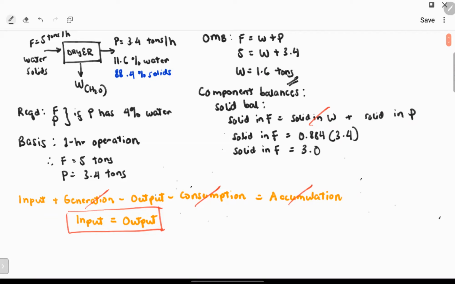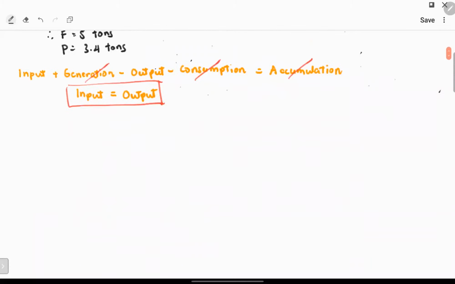Okay? Now, since we already have the solid in F, what else can we find out? Don't we know that the feed is 5 tons? So if you go back to the analysis of F, let's put it right here. F has water, and it has solid.